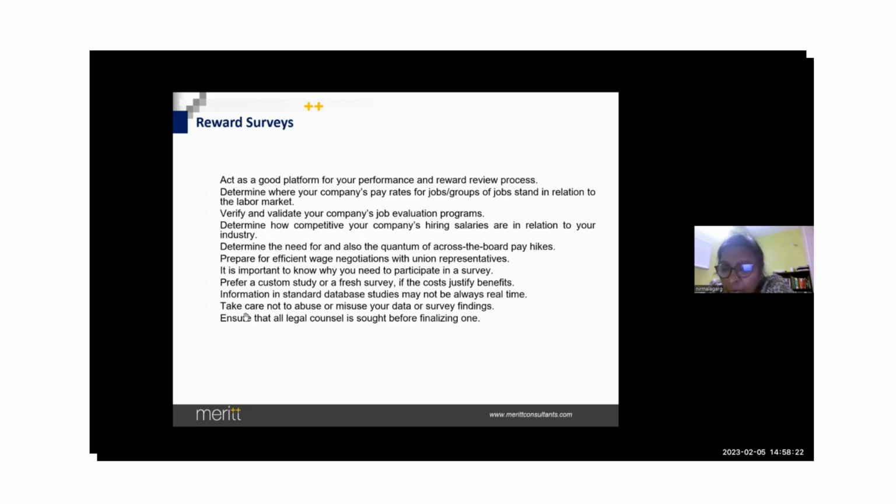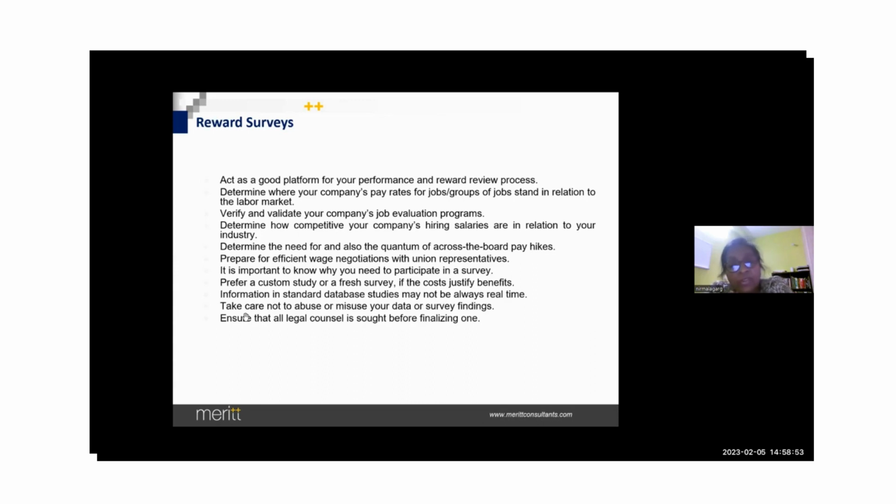So today what we are going to do is external equity. How do we actually compare ourselves with the market? We are looking at salary surveys. Then we will look at certain analytics like comp ratios, and certain terminologies that are very important in fitment, like the red circle rule and the green circle rule.